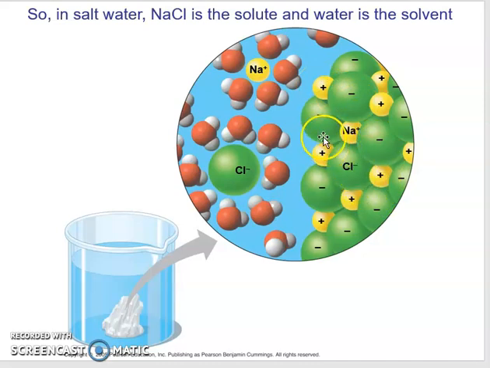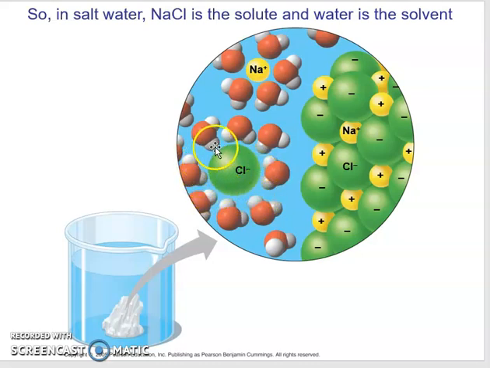Now, if you see what's going on here, see how that sodium is positive? That means all the negative parts of the water molecule, in other words, the oxygen side of the water molecule, are going to be facing the positive sodium, because remember, oxygen is negatively charged. For the chlorine, the same thing is going on, where the chlorine is negative, but look what happens.